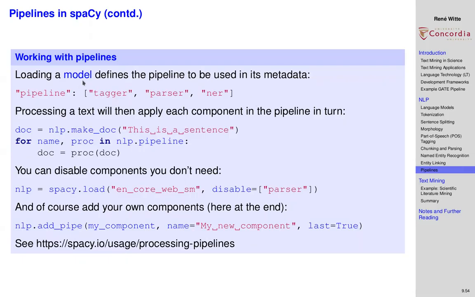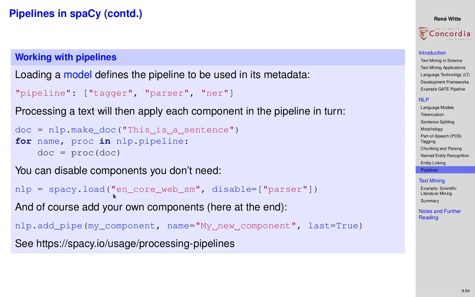When you load a predefined model, it has the pipeline definition and the metadata. For example, using a tagger, a parser, and a named entity recognition defines the pipeline to use. And then when you process a document, it will apply each component in turn on that pipeline, and then the pipeline is done.